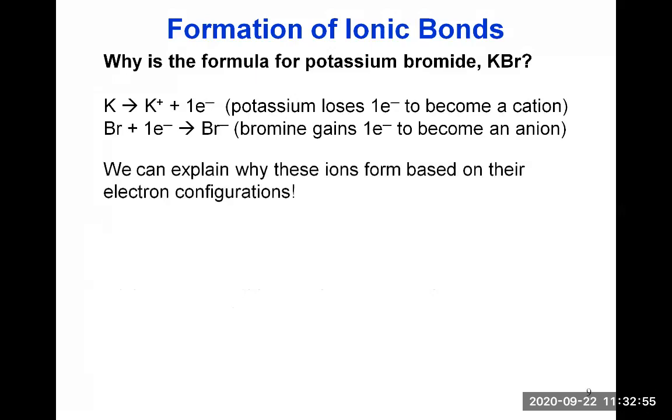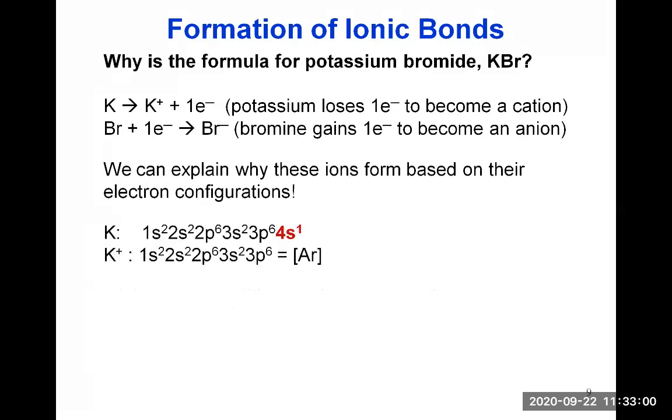We can explain why these ions form based on their electron configuration. So why do they do that? It's because potassium, for example, has the electron configuration of 1s2, 2s2, 2p6, 3s2, 3p6, 4s1. The valence shell for potassium is the fourth, and there is only one orbital with one electron in there, the 4s1. So it's easy for potassium to give away that one 4s electron.